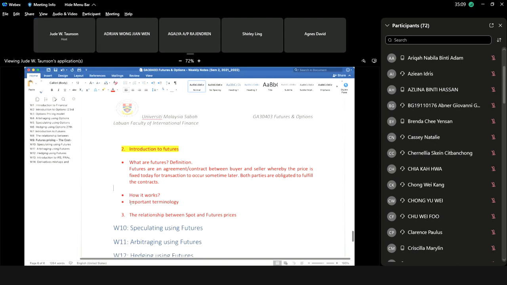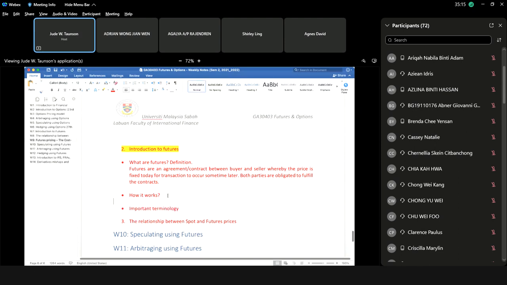How it works. The futures contract can be used to hedge.